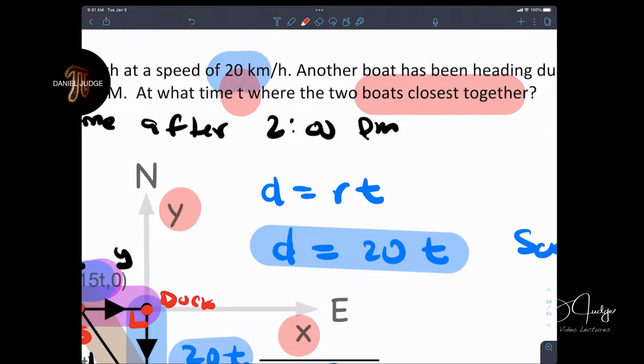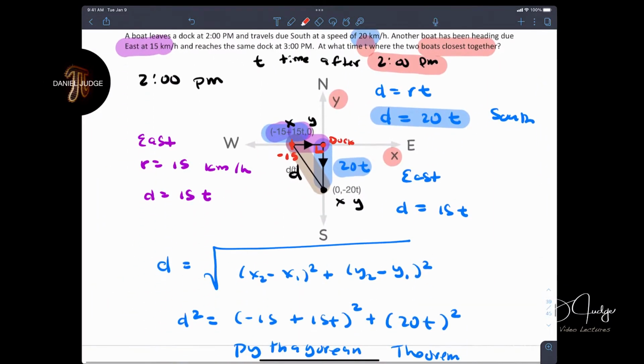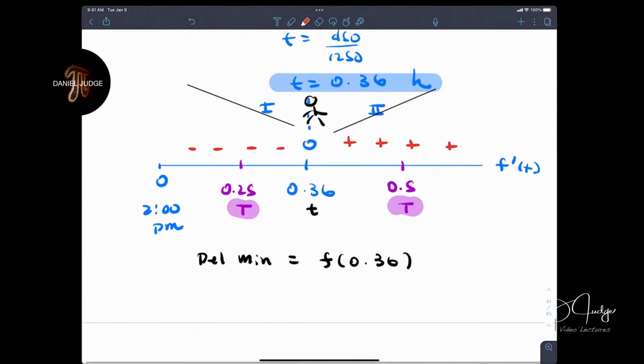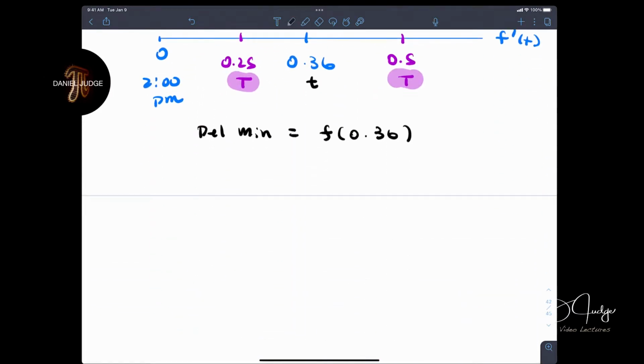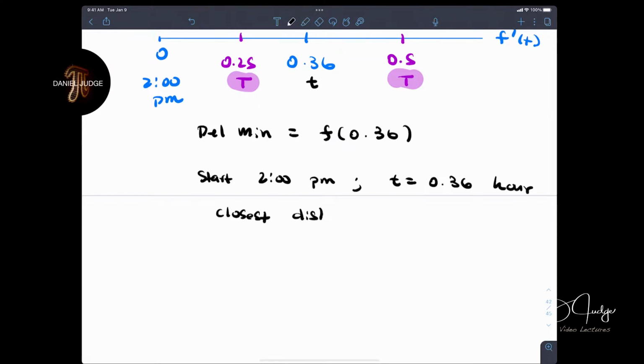At what time t when you started at 2 p.m.? Well, we know we started at 2 p.m., right? But at 0.36 of an hour, we're at the closest distance. We're at the relative min. At this time, we're at the closest distance now.